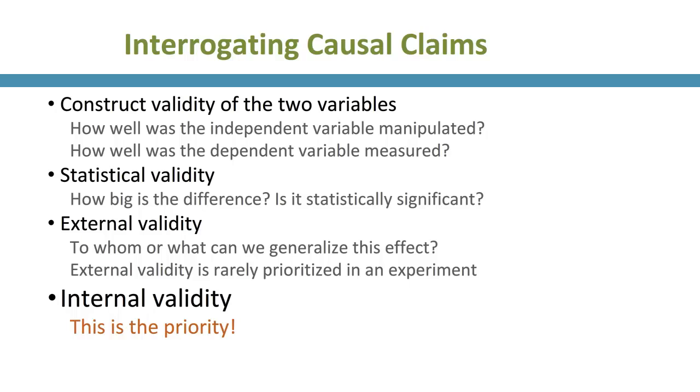It's definitely taken into account, so you'll probably get a random sample of people. You want them to be representative of the general population, all of those kinds of things, but it's usually a low priority here. But can we generalize this effect? We have to consider the sample. Internal validity is the priority with causal claims.